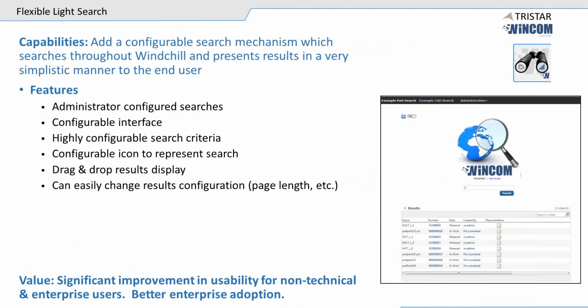The flexible light search app is really a way for users to search Windchill, search for drawings, parts, assemblies, and documents within Windchill without actually going into Windchill. So this is kind of like a Google search for Windchill.